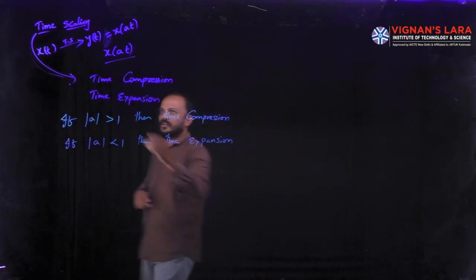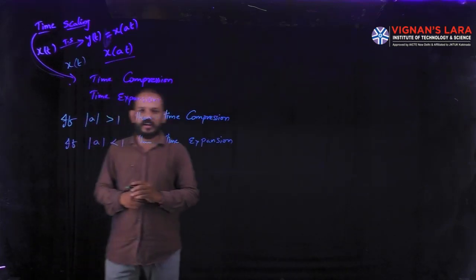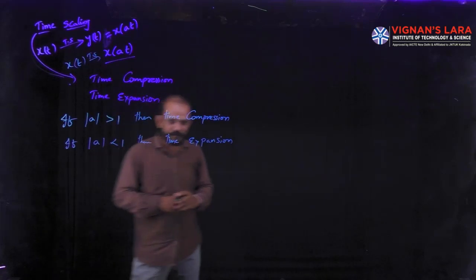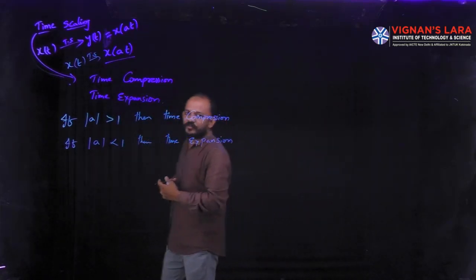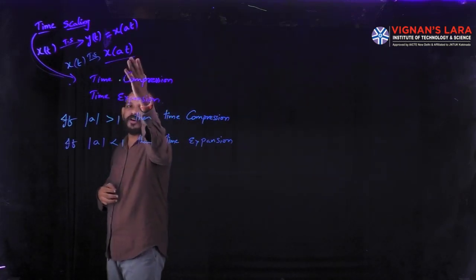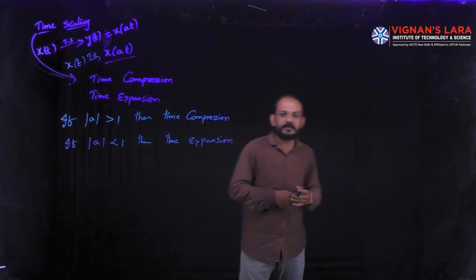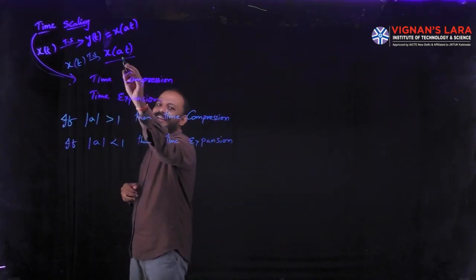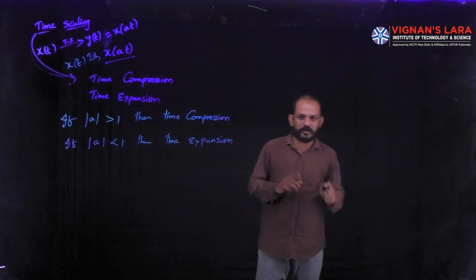As the given signal is x of t, the time scaling operation of x of t can be expressed as x of at. I replace t with a into t. Simple. Okay, remember this thing.